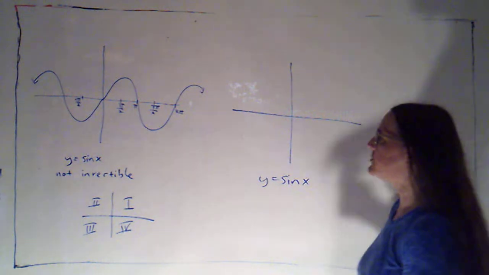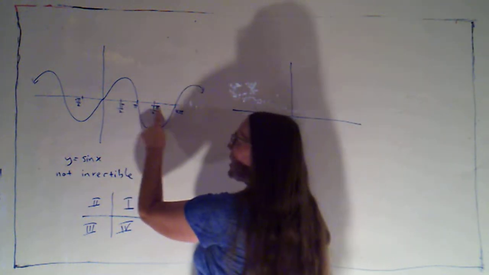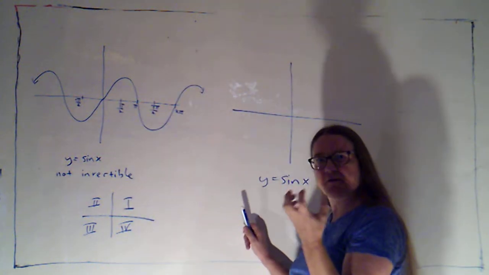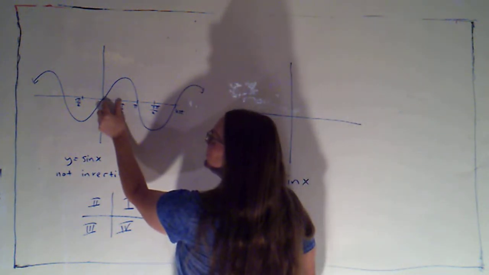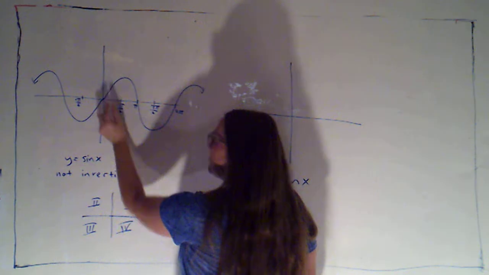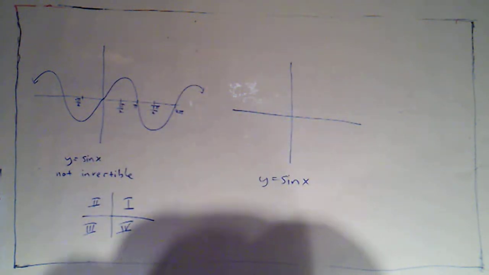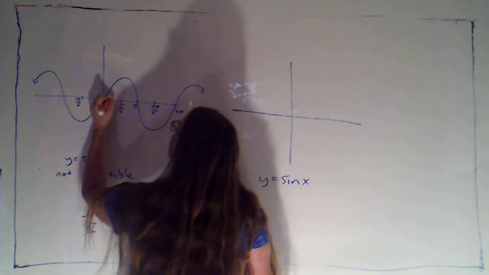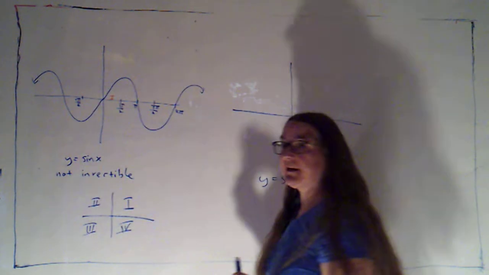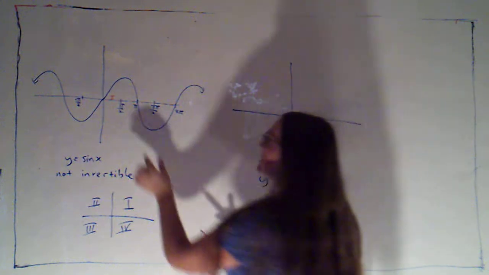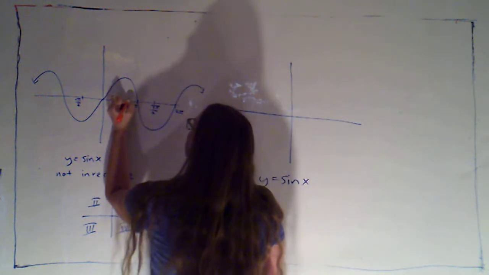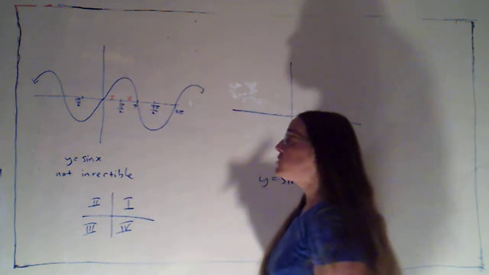Notice that on this graph, we've marked off our quadrantal angles because those are the important points on a graph of sine. This interval from 0 to pi over 2 corresponds to angles that would be in quadrant 1 if I were representing them rotationally. The interval from pi over 2 to pi corresponds to quadrant 2.